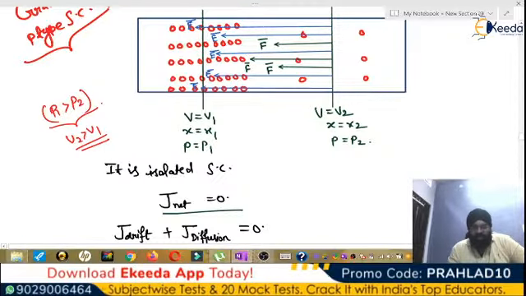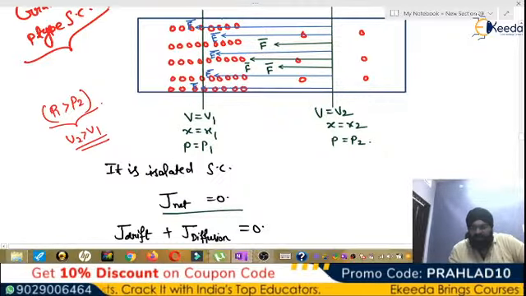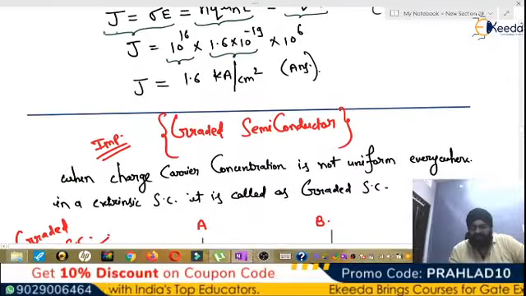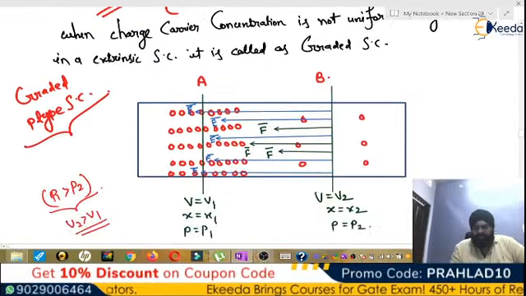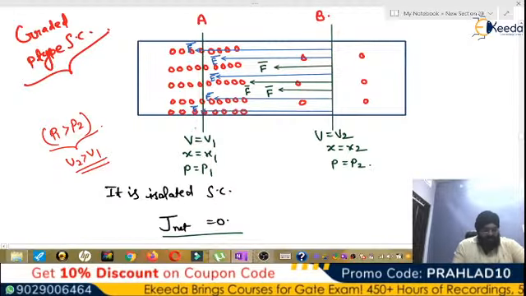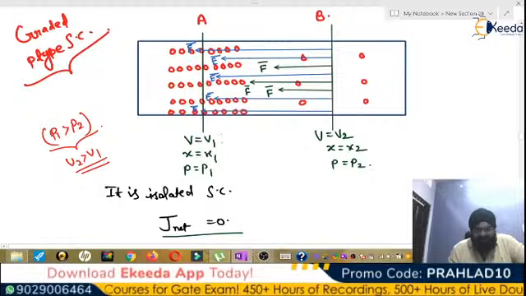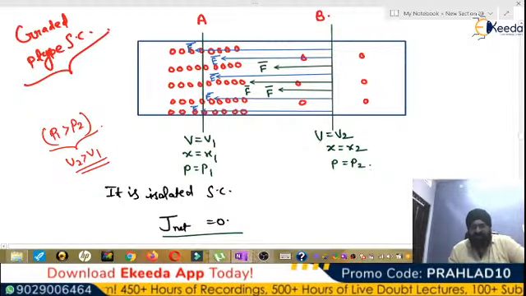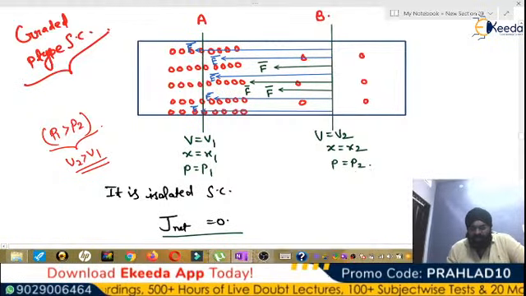At this position, hole concentration is greater than at this position. This is position A, suppose, and this is position B. So at position A, we are taking voltage V1, X is X1, and P is P1. P is hole concentration. At position B, V is V2, X is X2, and P is P2.